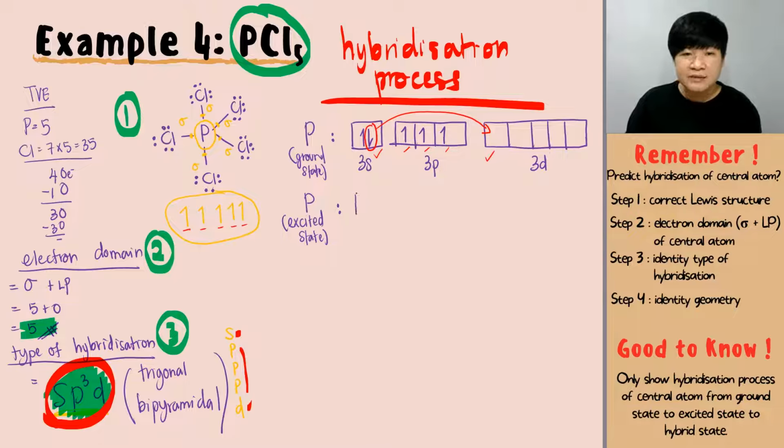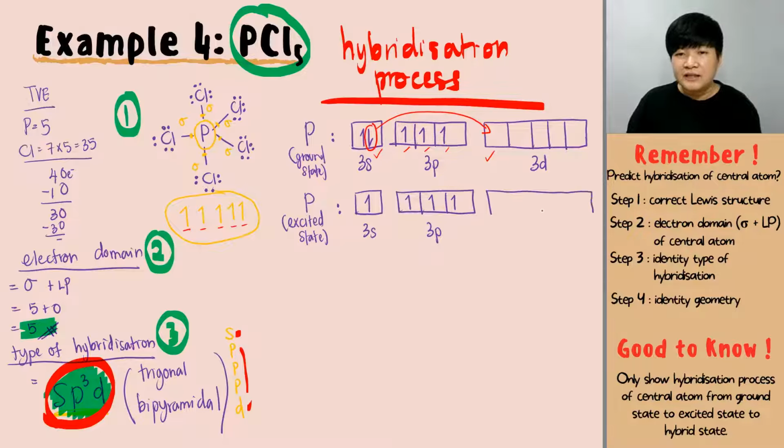It's just the same thing, guys. So you have your 3s over here, 1 single electron. And then you have the 3p that is pretty much unchanged, having 3 single electrons. And your 3d, which was empty just now, will right now have a new friend, which is the electron that was excited from the 3s. Can you see that?